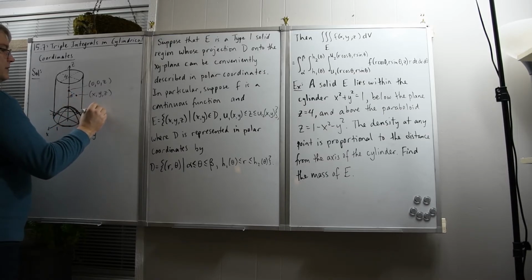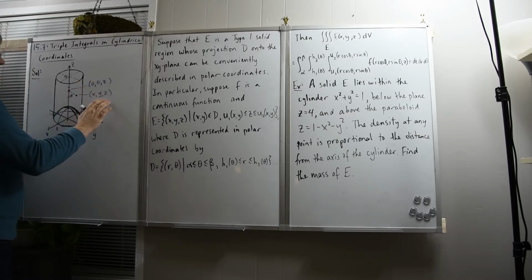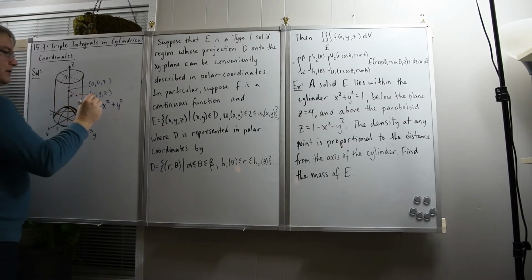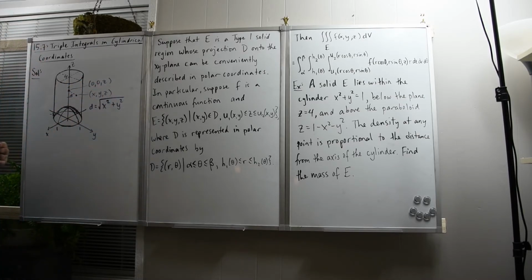d is going to be the square root of x minus 0 squared plus y minus 0 squared plus z minus z squared. In other words, the distance is just the square root of x squared plus y squared.